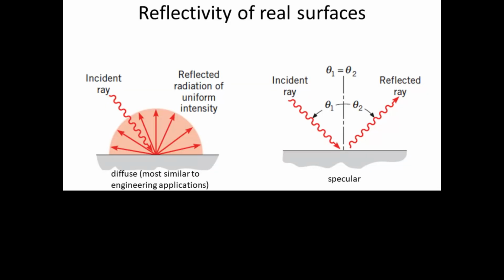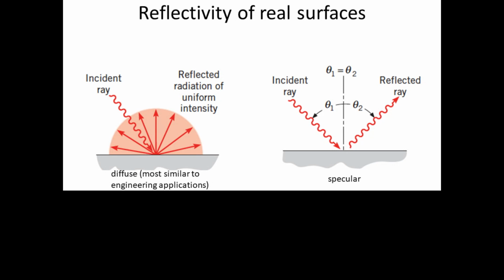Let's talk about reflectivity. There are two ways of reflecting light. One is what is called specular reflection. That means like a mirror, right? Light comes in and light goes out. This is a principle of the stealth planes, right? If you get the radar in, it bounces it off, and nothing comes back to the radar.